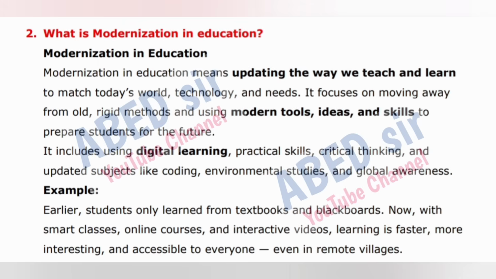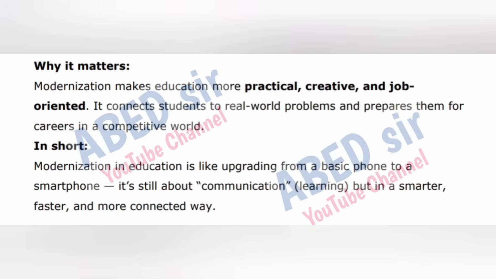Example: earlier, students only learned from textbooks and blackboards. Now, with smart classes, online courses, and interactive videos, learning is faster, more interesting, and accessible to everyone, even in remote villages. Why it matters?